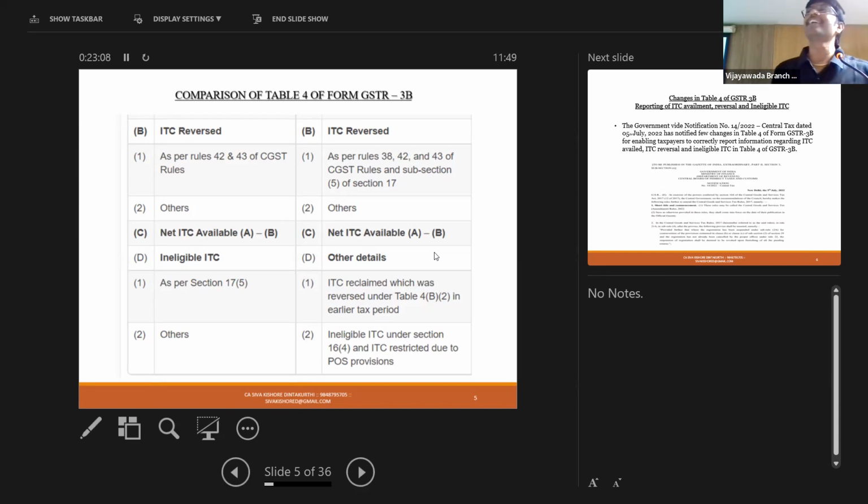Section 16 never stated anything with respect to 2A and 2B. How can you say in Rule 36(4) that you are not entitled to take more than 20%, 10%, or 5%? A rule cannot override the Act. When a parent provision is missing in the legislation, can you put it in a circular or a rule? No. A rule cannot override the enactment. That is the limit of the argument available to us to fight. We are shouting on the ground.